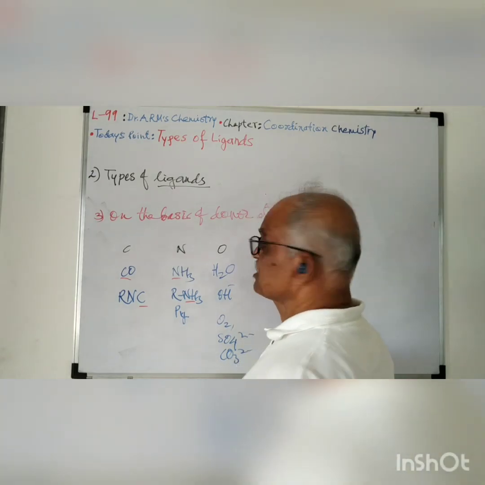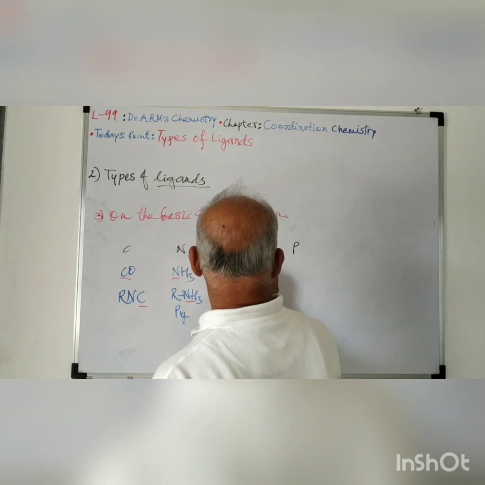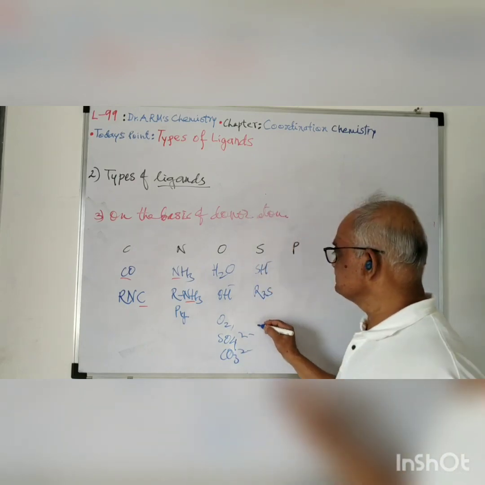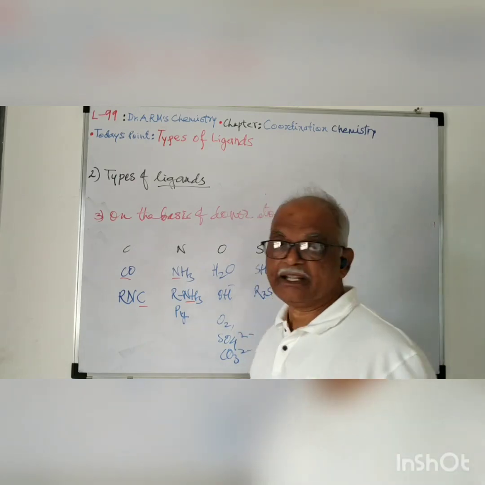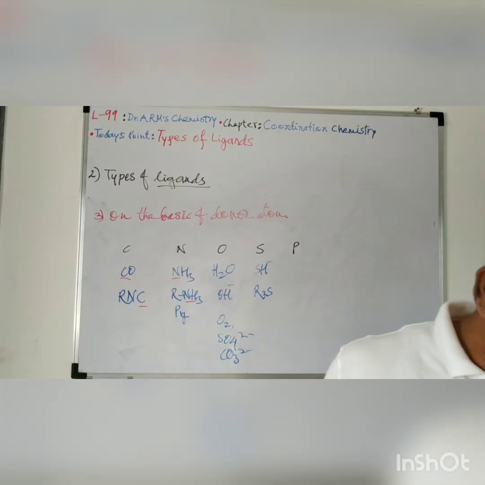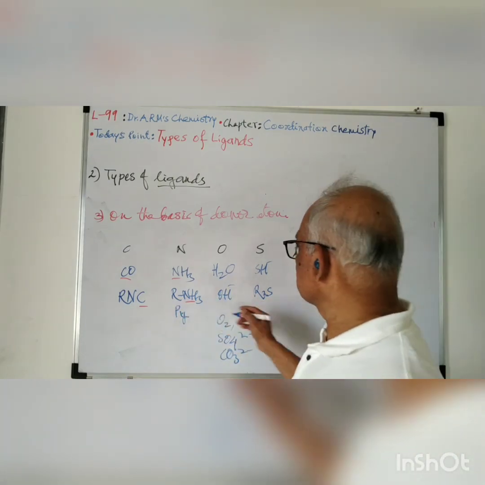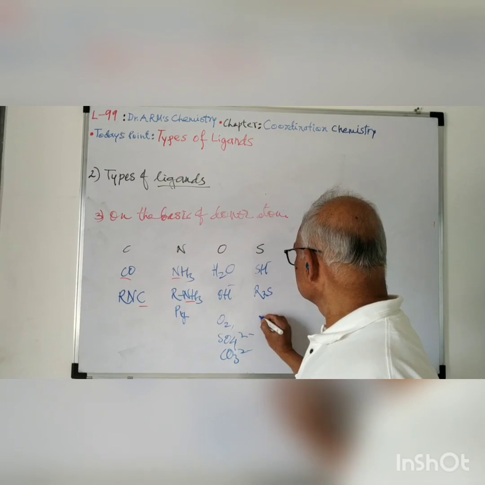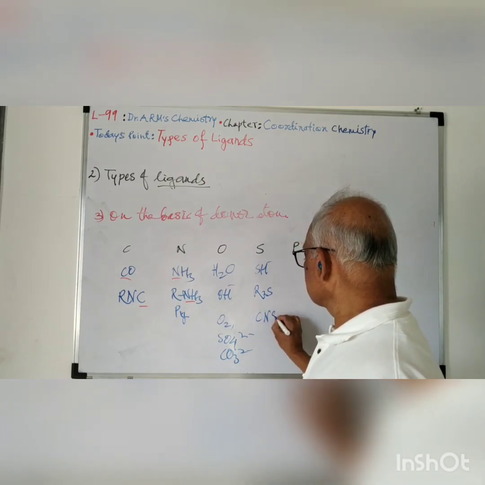Then if we take the donor atom as sulfur, then it is SH minus, R2S, R2 ether, or any other sulfur containing species, as we have seen earlier, SCN or CNS.